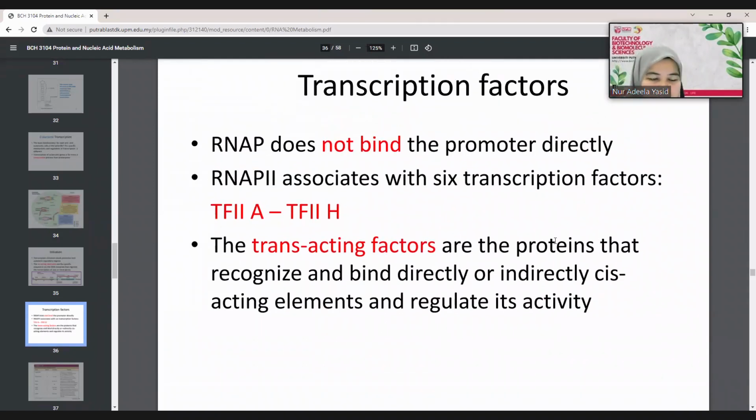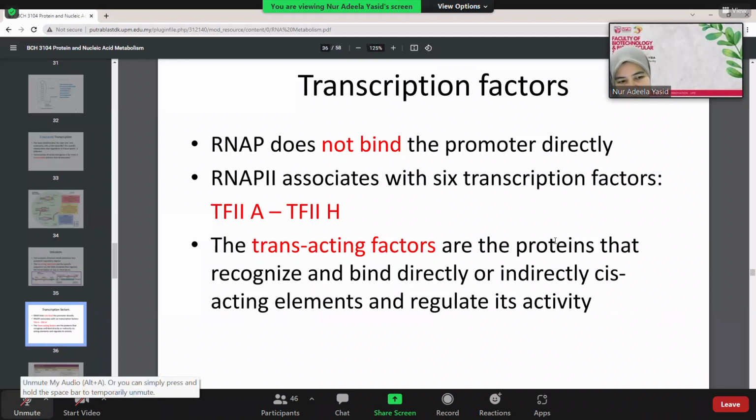Do you know what is meant by cis and trans? Does anyone know? Cis and trans in terms of the conformation, in terms of structure.